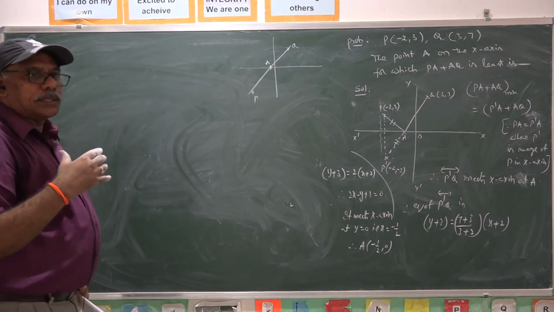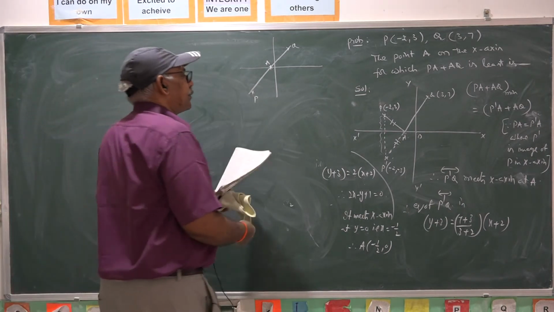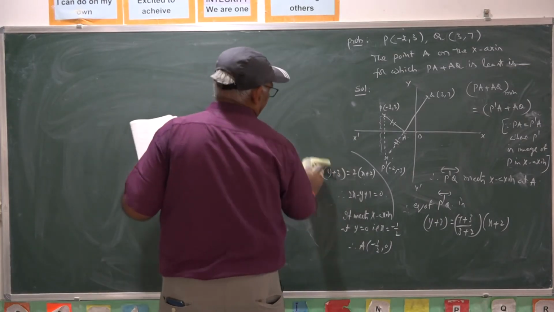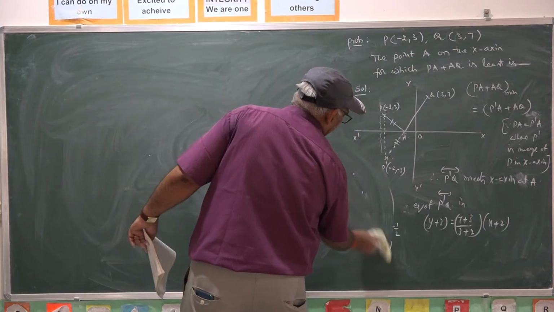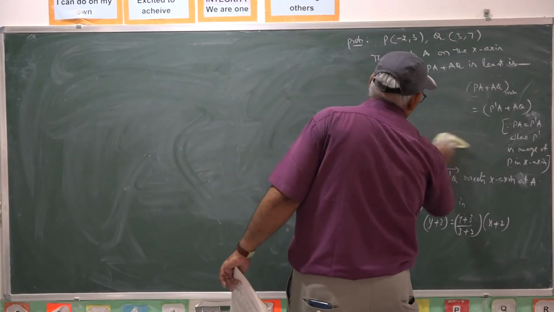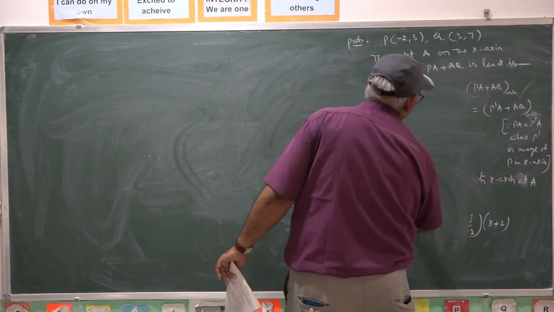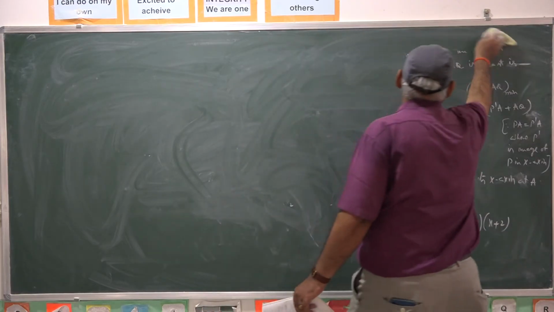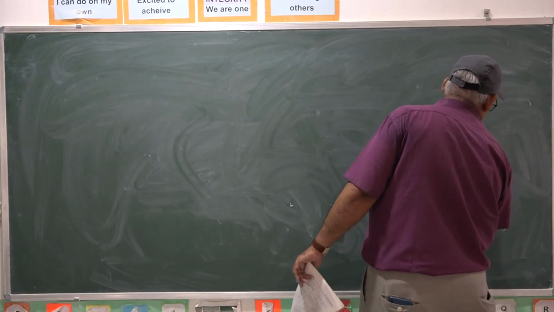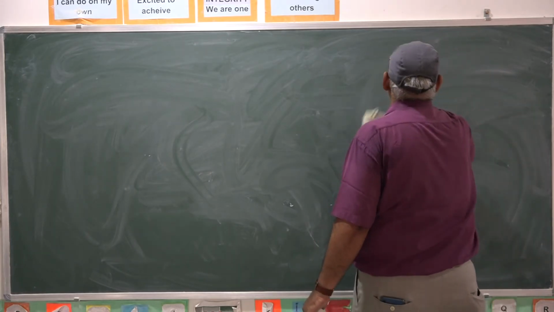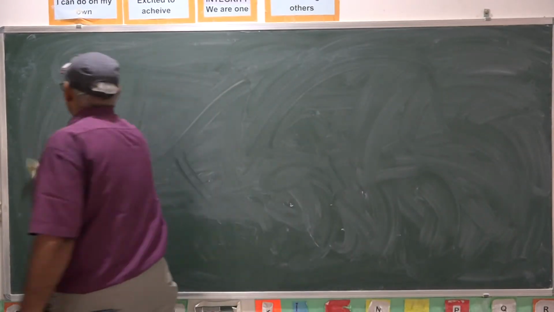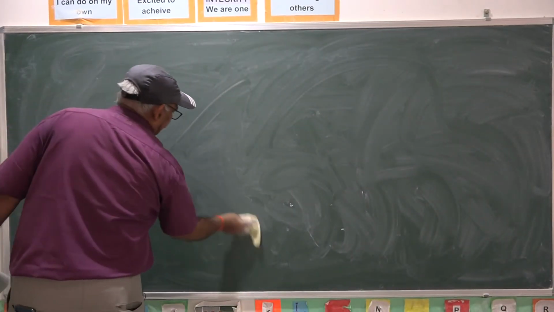The minimum distance is nothing but the distance between P and Q itself, the straight distance, not the curved distance. Hence, I take the equation of the line segment that joins P and Q or its image and Q, depending on whether P and Q lie on opposite sides of the x-axis or on the same side. Based on that, you have to take the procedure.